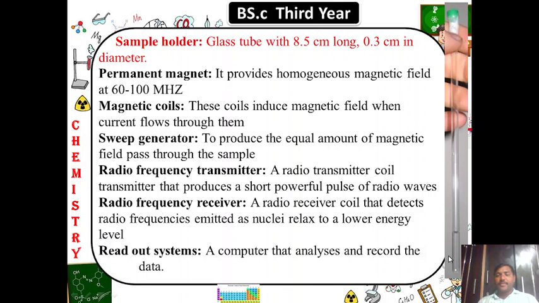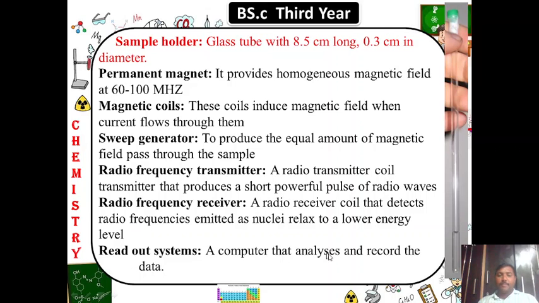Another part is the radio frequency transmitter. What is the function of the radio frequency transmitter? It is a transmitter coil that produces a short powerful pulse of radio waves. Then there is the radio frequency receiver, a coil that detects the radio frequency emitted as the nuclei relax to the lower energy levels.